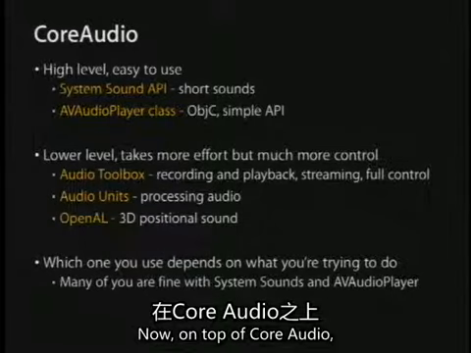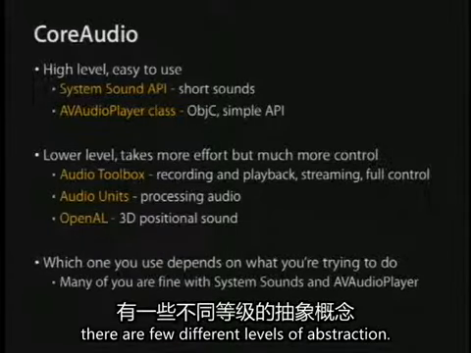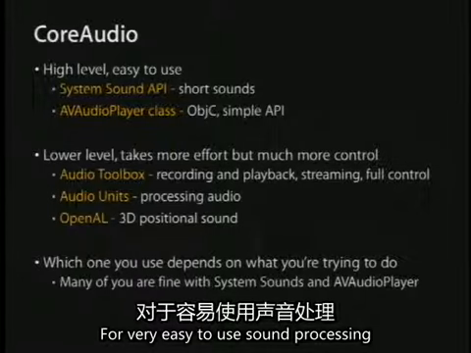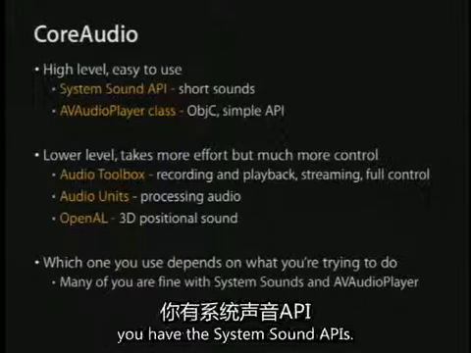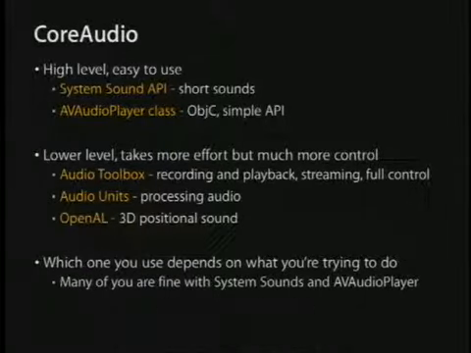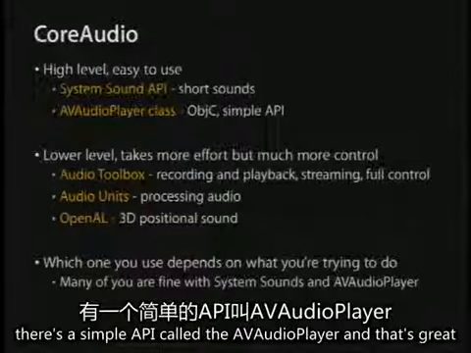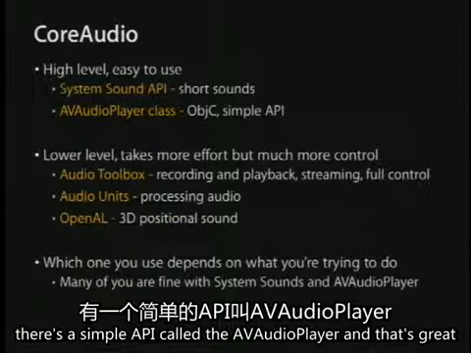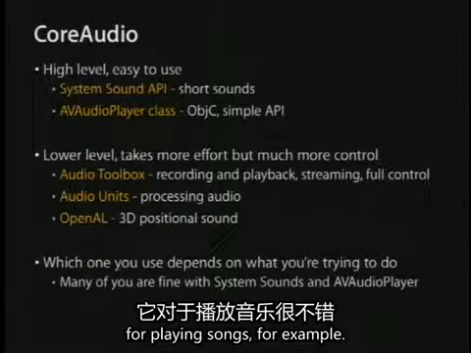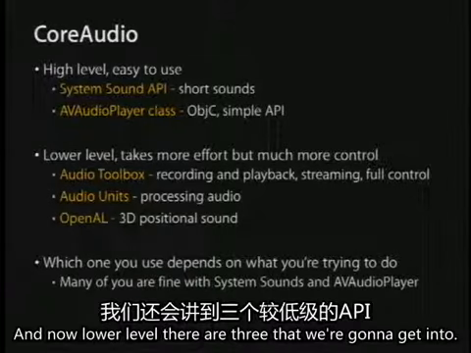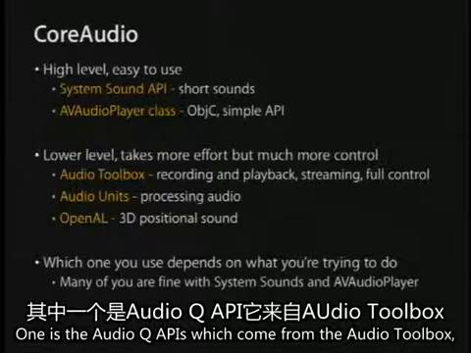Now, on top of Core Audio, there are a few different levels of abstraction. For very easy-to-use sound processing, you have the System Sound APIs. For a little more Objective-C friendly, there's a simple API called the AVAudioPlayer, and that's great for playing songs, for example. And now lower level, there are 3 that we're going to get into. One is the Audio Queue APIs, which come from the Audio Toolbox.